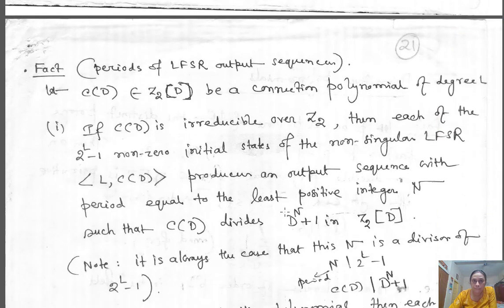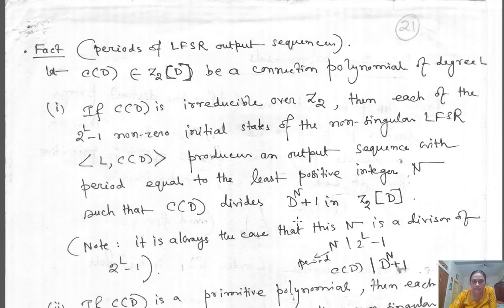Now, we have a few more facts here. The first one: suppose we have an LFSR, and C(D) is the connection polynomial of degree L, with coefficients from Z2.